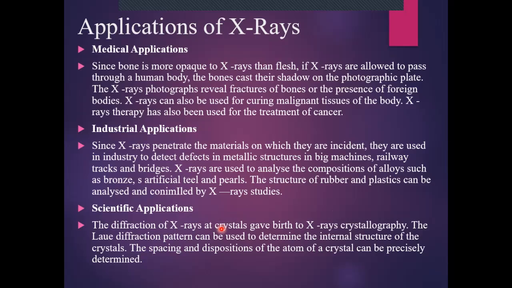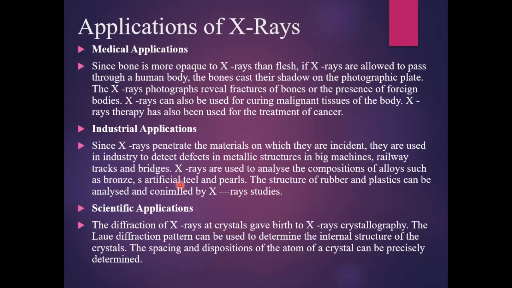First one is the medical applications. The main application of X-rays in medicine is that we can detect fractures in bones, as bones are more opaque to X-rays than flesh. So when X-rays are allowed to pass through a human body, the bone casts its shadow on the photographic plate.